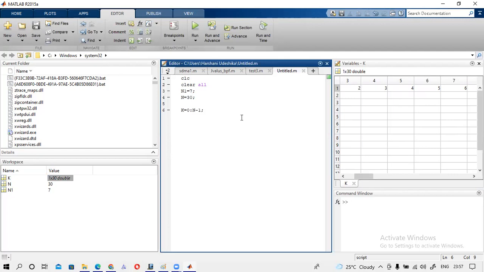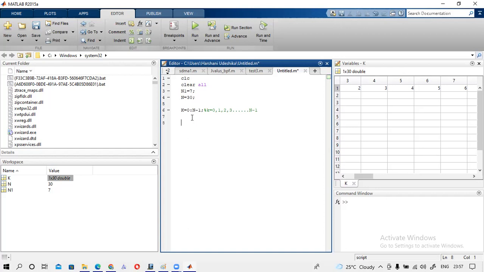So these are the k values: 0, 1, 2, 3 and so on up to N minus 1. So I put this k value. Then I have to calculate the magnitude of the x value.